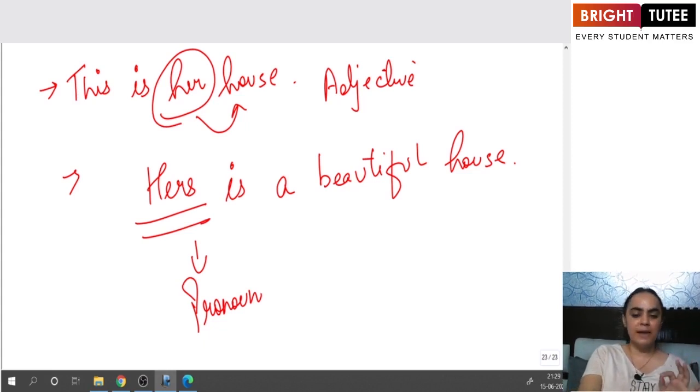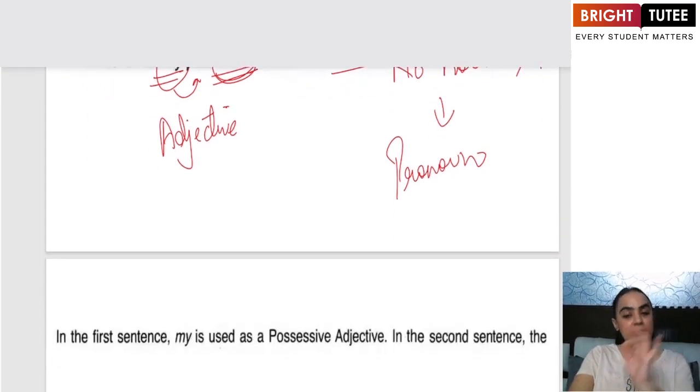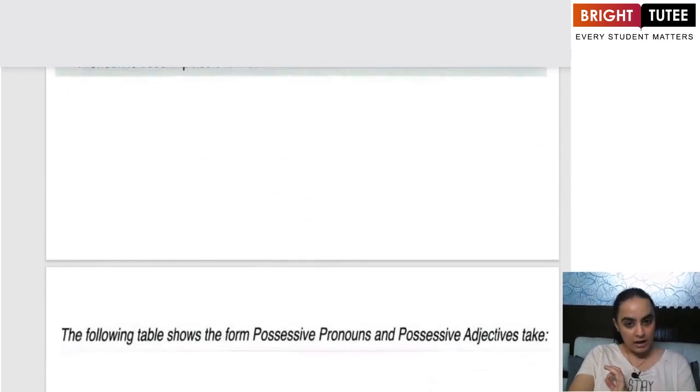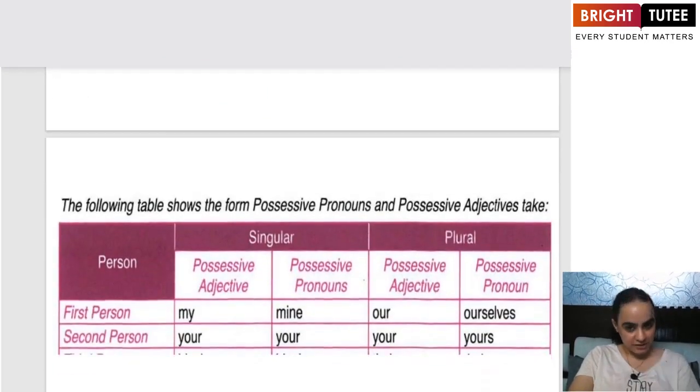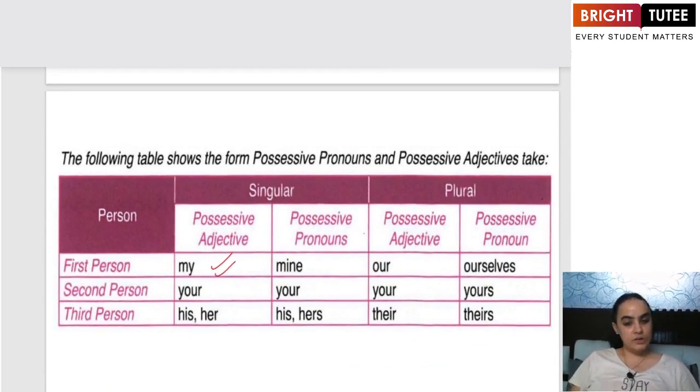This is the simplest rule that you have to remember, and that will help you distinguish between a pronoun as well as an adjective. Now let us look at the table, something that we have already done again. My changes to mine, your changes to yours, his remains his, and her changes to hers.